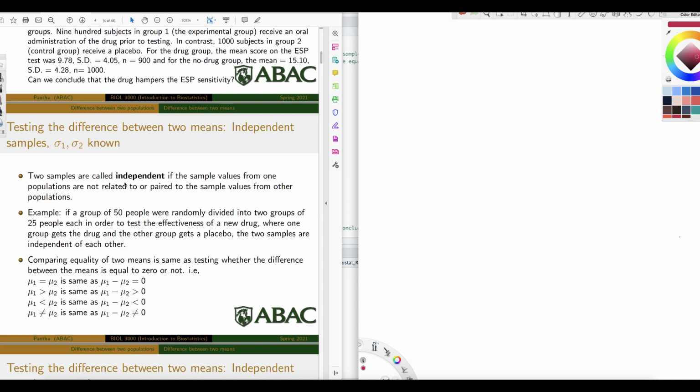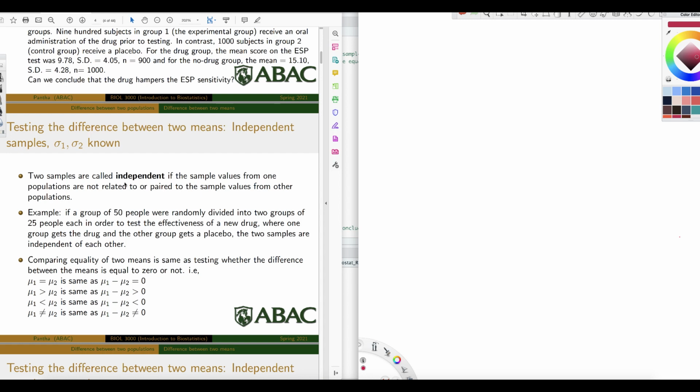But for example, if you take a sample and measure the blood pressure, and then you give a drug and then measure the blood pressure again after giving the drug, that is a dependent sample because you are taking the same subjects. Okay, so as long as you are taking different subjects, then most of the time the samples are independent.